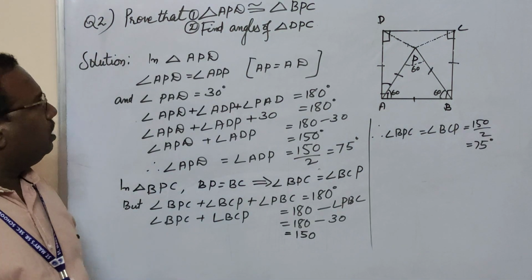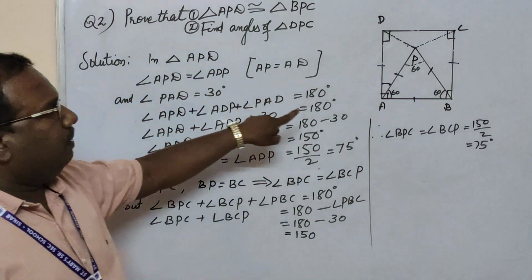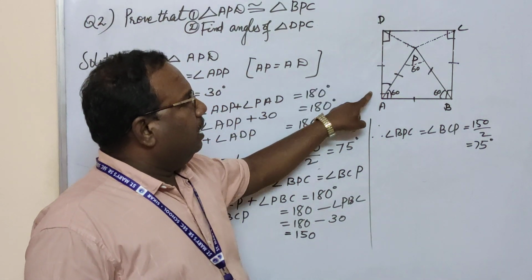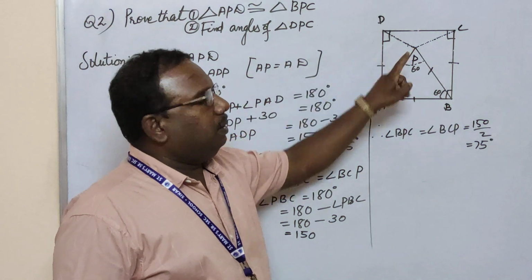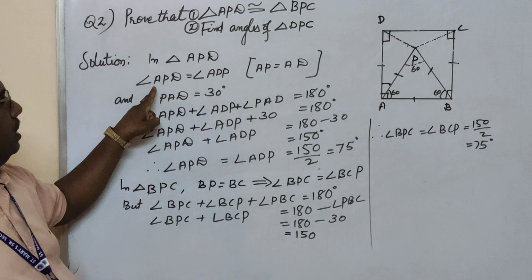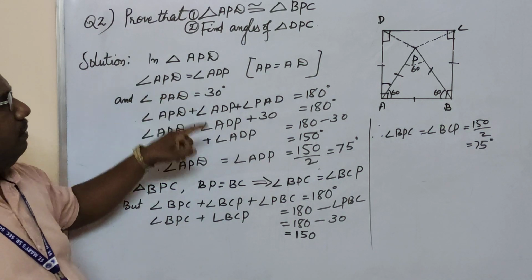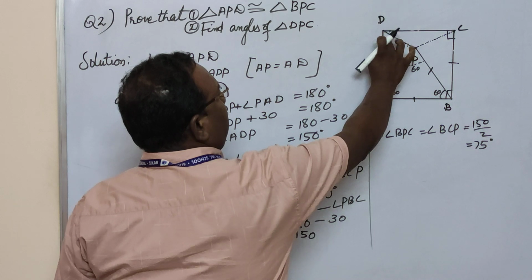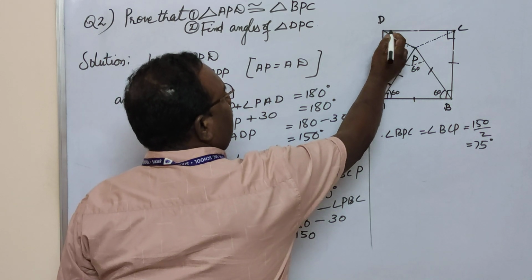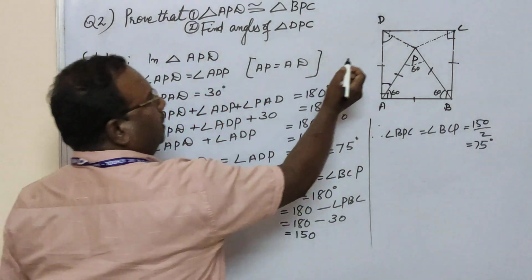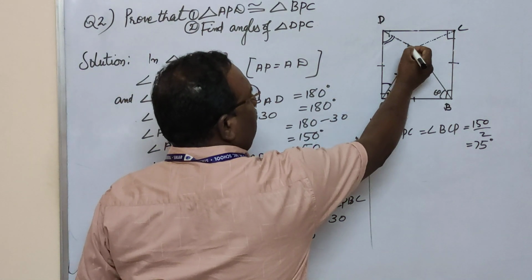Now look at triangle APD. AD equal to AP, which implies angle APD, this one, is equal to angle ADP. These two angles are equal.